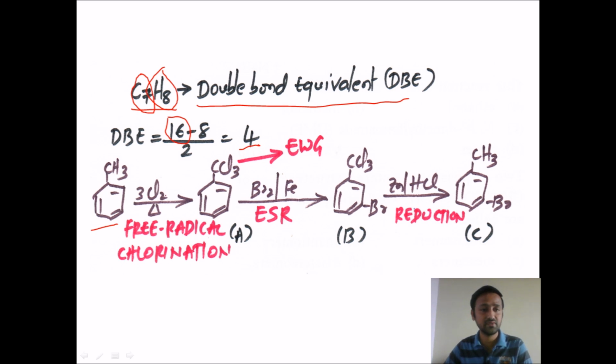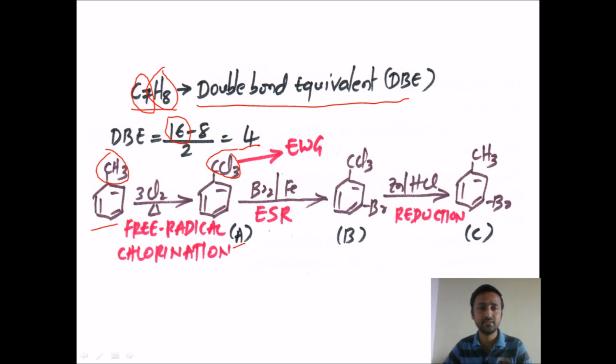Excess chlorine is used, 3 moles, and the reaction is free radical chlorination. The methyl group has three equivalent hydrogen atoms, and all three are replaced by three chlorine atoms. So we get trichloromethyl benzene, to be taken as A.